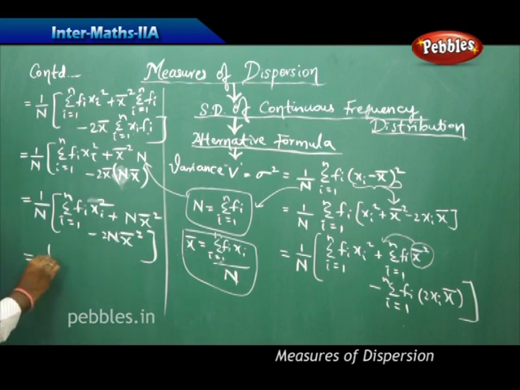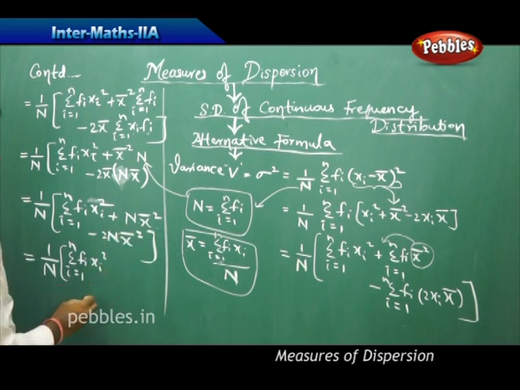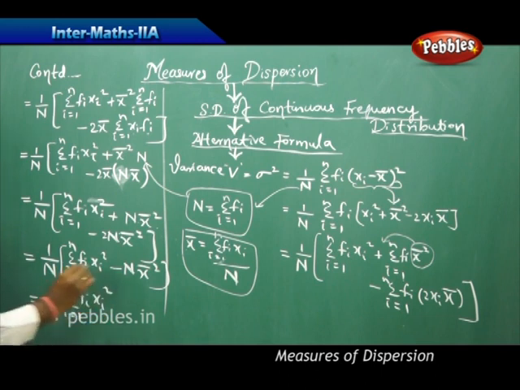Therefore when I split this, I get 1 by n summation i running from 1 to n fi xi square plus n x bar square minus 2n x bar square, which is minus n x bar square, and on expansion through brackets gives me 1 by n summation i running from 1 to n fi xi square, and this n gives me minus x bar square is what we get.